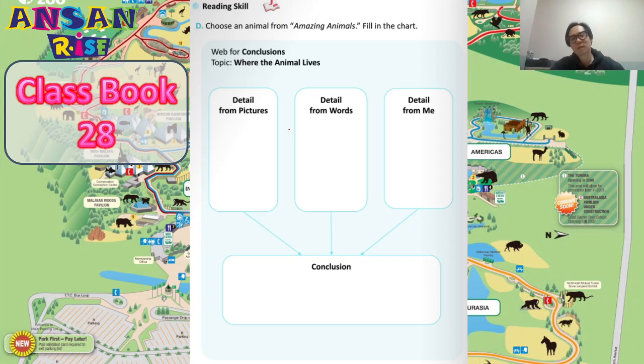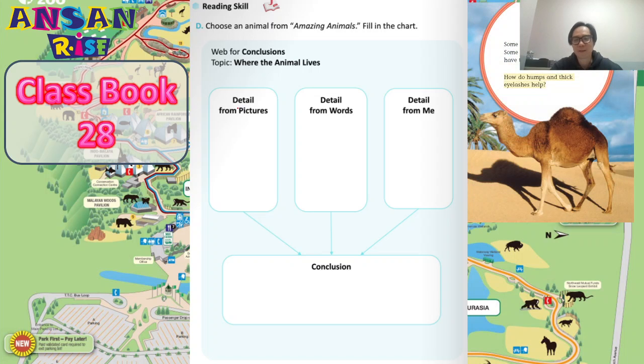So first, let's talk about our detail from pictures. Well, did you choose an animal yet? I'm going to choose the camel. So what can we tell from the picture? Let's see. Well, just from the picture, we know that it's hot. It's a hot, hot place.